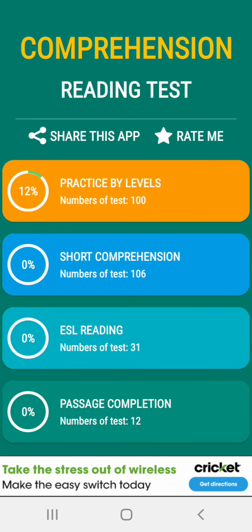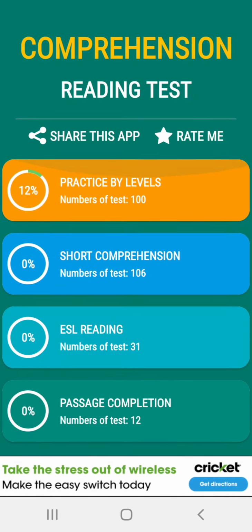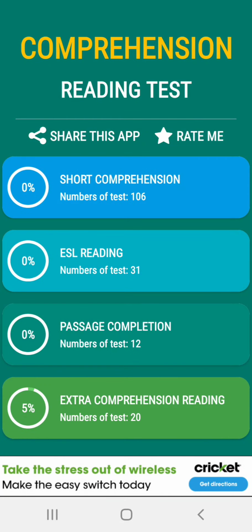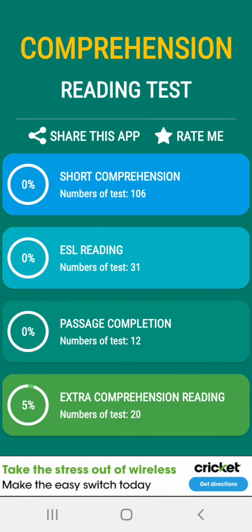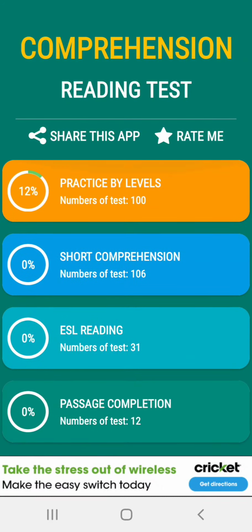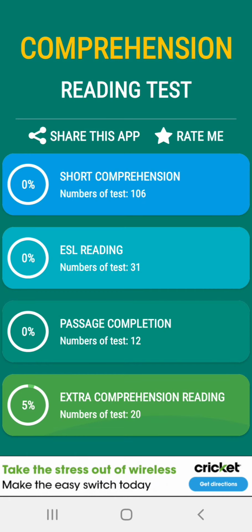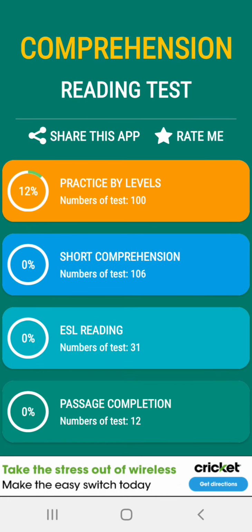The three parts I used to study for my exam were practice by levels, short comprehension, and the extra comprehension reading. I'm not gonna promise you that this app is gonna help you to pass, but it's gonna help you to get your practice in, because there are a lot of comprehension passages on here you could study from.